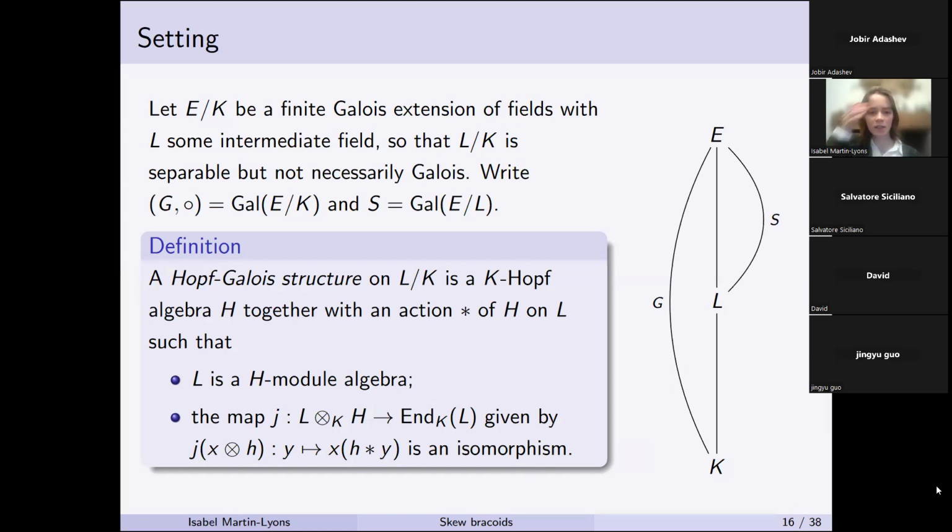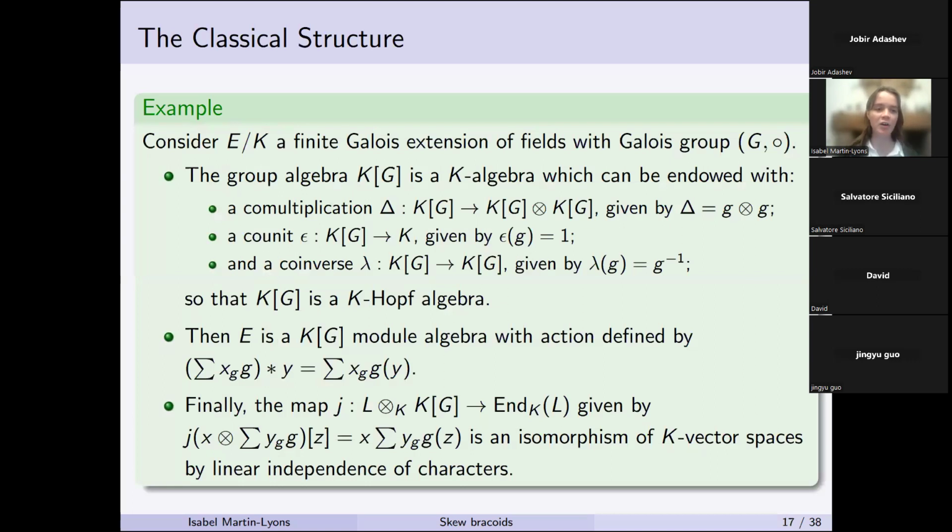Okay, so to hopefully contextualize this a bit, the prototypical example of a Hopf-Galois structure is the classical structure. So if we now focus on the bigger extension, the Galois extension, and don't worry about L, we can take the group algebra KG.